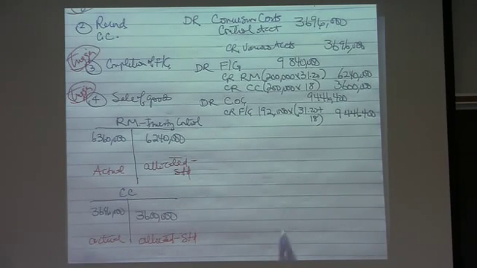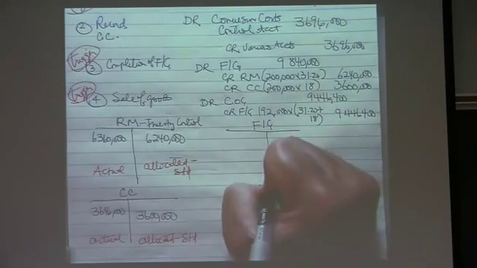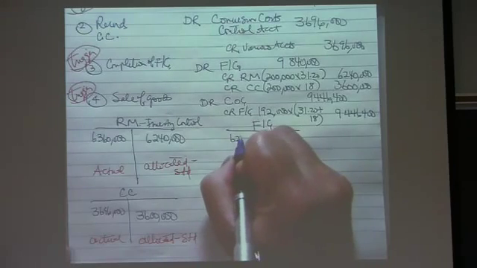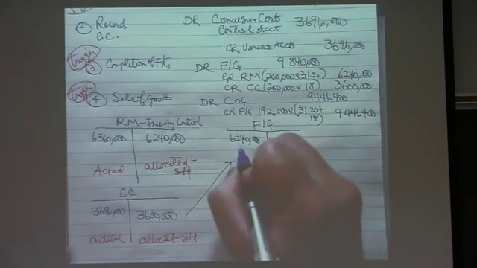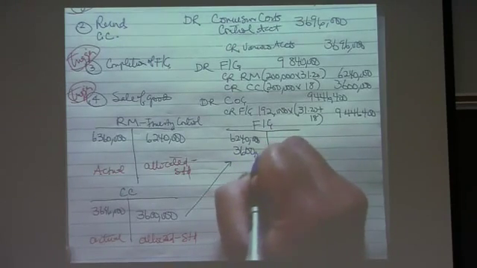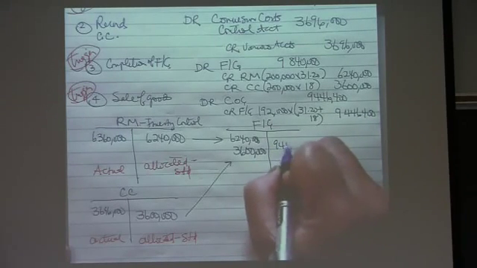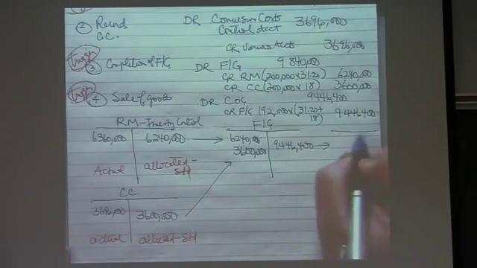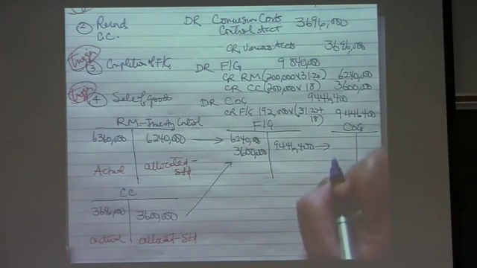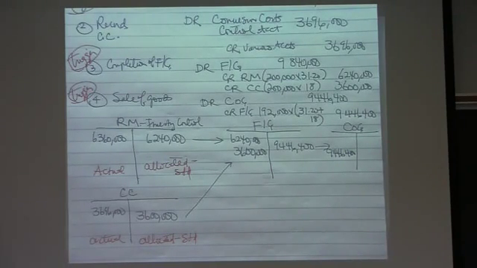So what's happened here is you can see that there's another finished goods T account. We're going to have the 6240 here and the 3600. And we're going to take out 9,446,400 to cost of goods sold. Okay, so what's left?